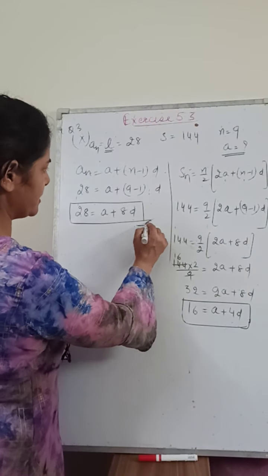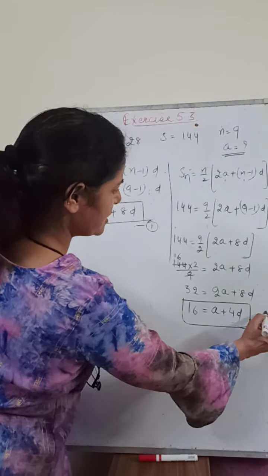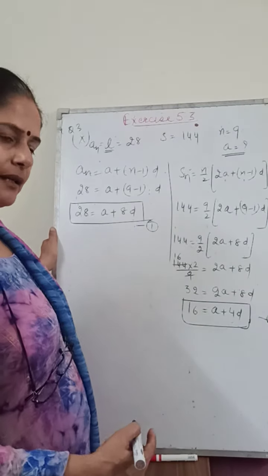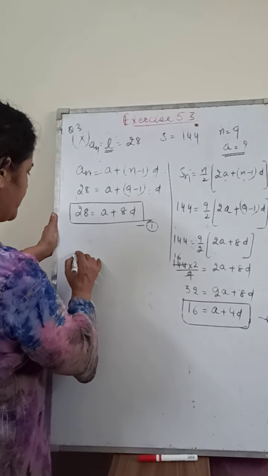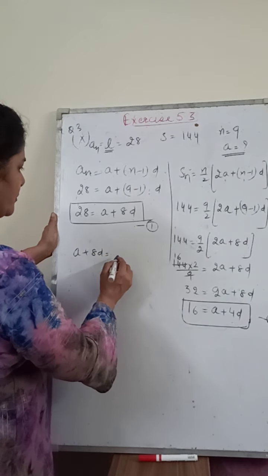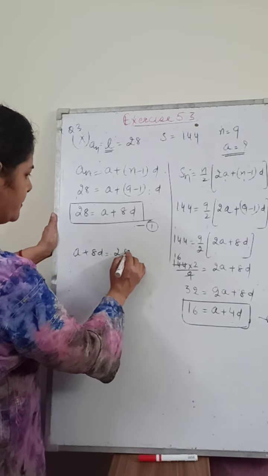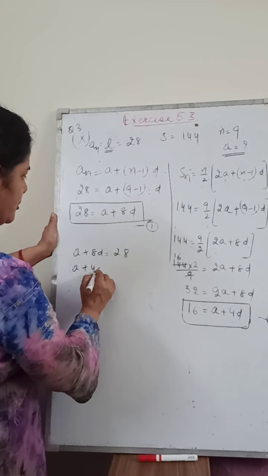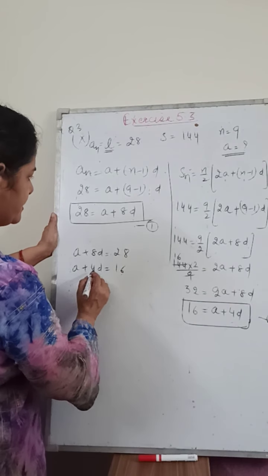Now you have got this one equation and this second equation. Solve both the equations, again let's do it by the elimination method. A plus 8d is equal to 28 and a plus 4d is equal to 16.